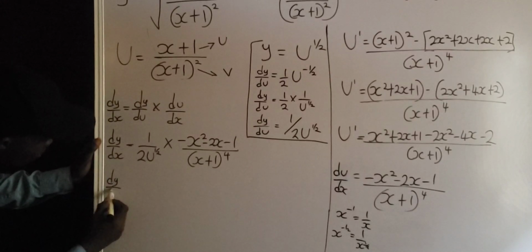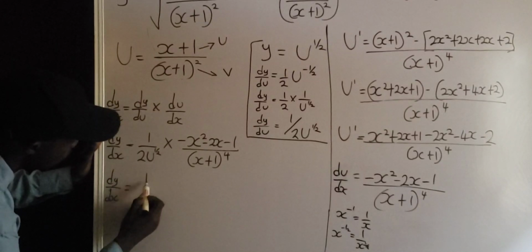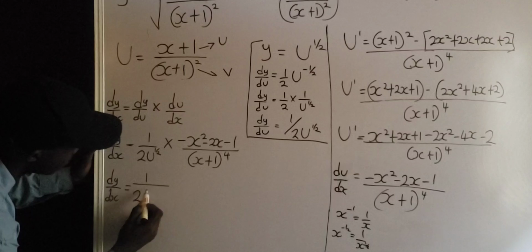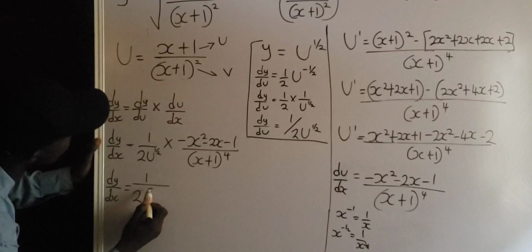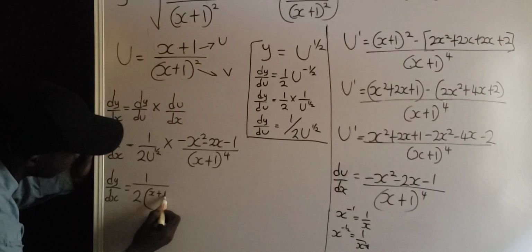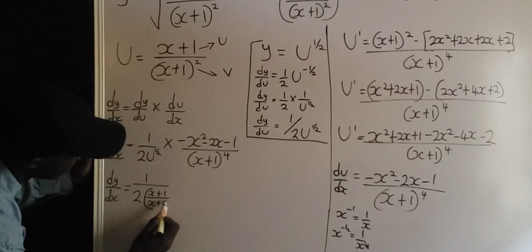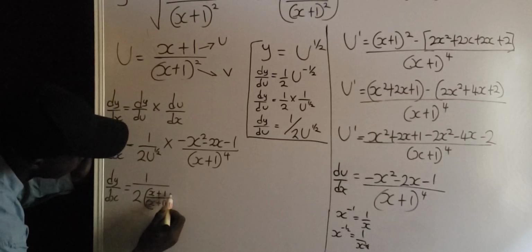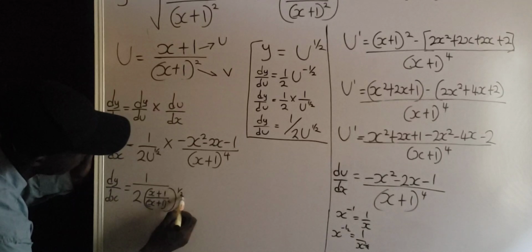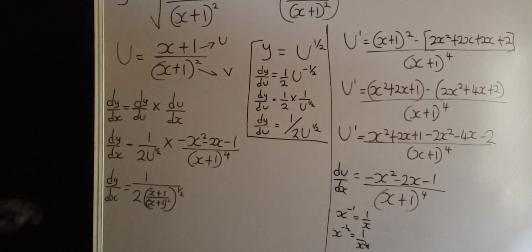So dy over dx is equal to 1 over 2 multiplied by the root of x plus 1 all over x plus 1 raised to the power of 2. Please, I want you to pay attention here.